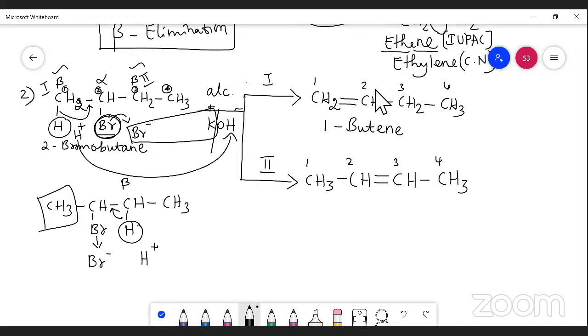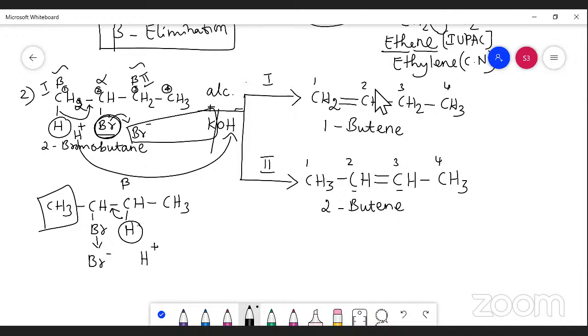In the second position, don't say third. Always take the least number, because the double bond is shared between the second carbon and the third carbon. So it is 2, and with 4 carbons the root word is but-. Unsaturated, so use -ene. The first pathway gives 1-butene, and the second pathway gives 2-butene.